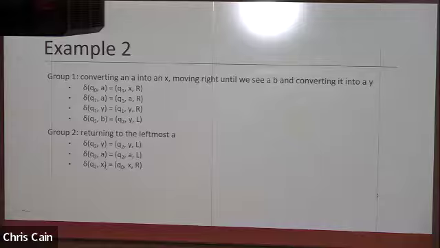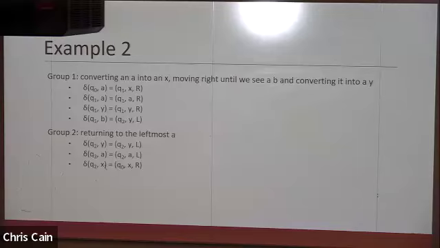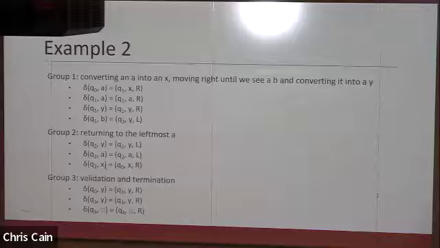So we can just loop this process from Q0 back to Q0, mapping an A to a B, an A to a B, an A to a B, until something happens. When we move right from Q0 and we don't see that A, we see an X. If we're in Q0 and we see a Y, that tells us that we've reached the end of the A's.